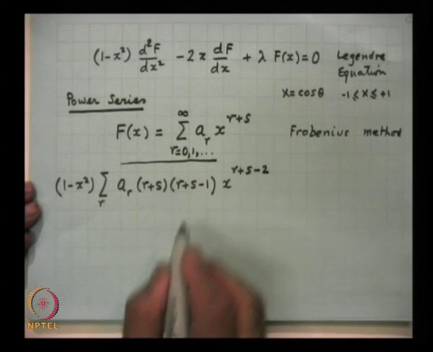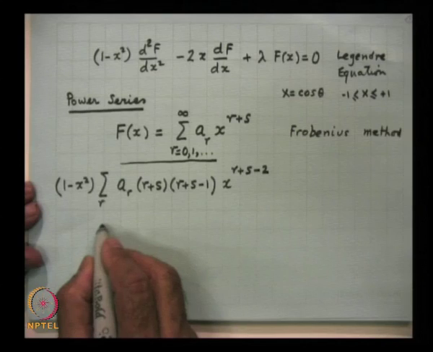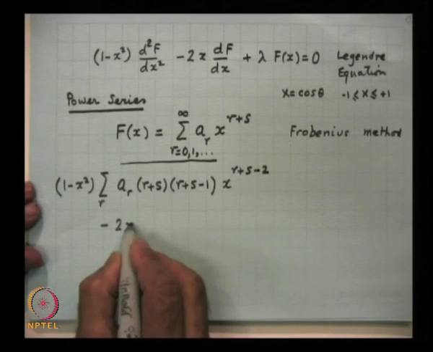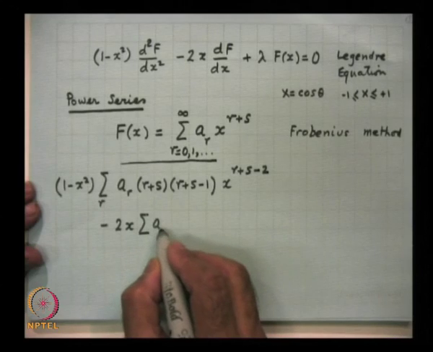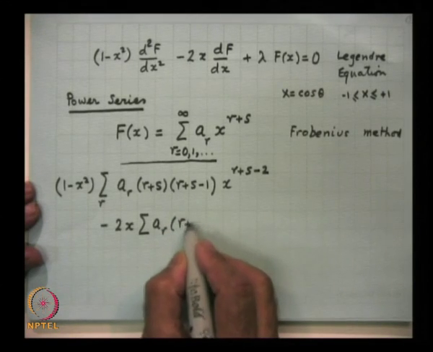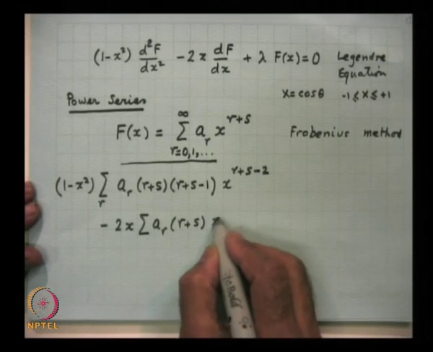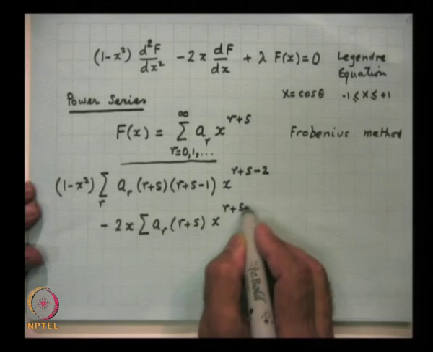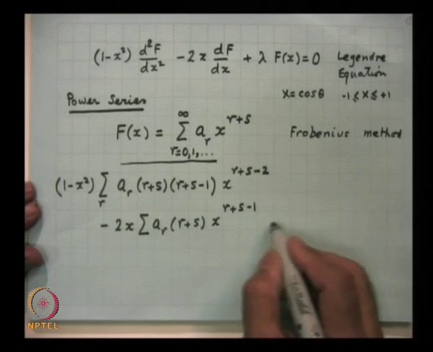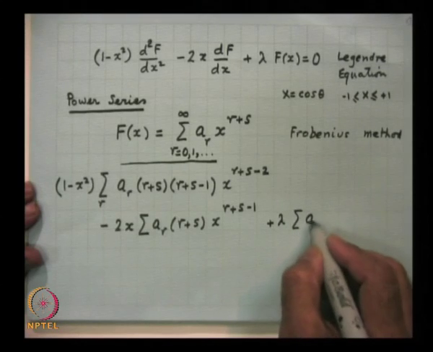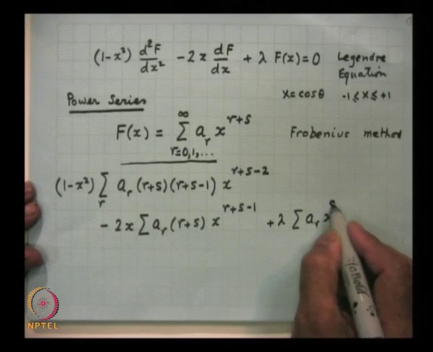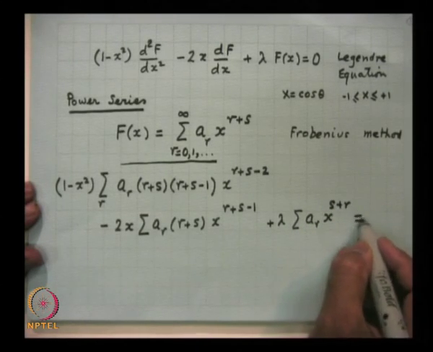0 to infinity, minus 2x, and if I differentiate this once, you will get a_r into r plus s into x raised to the power of r plus s minus 1, plus lambda, summation a_r x to the power of s plus r is equal to 0.